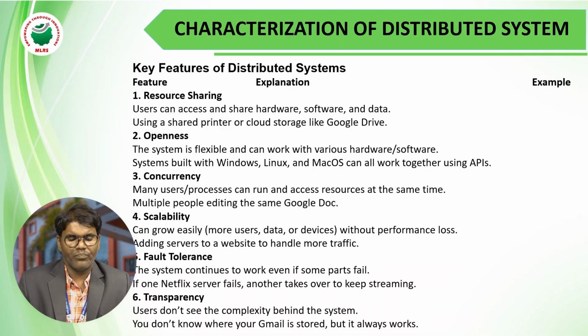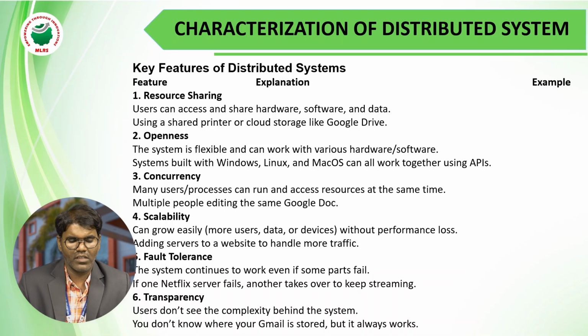And scalability: the system can grow easily without performance loss. Example, adding servers to a website to handle more traffic. With one server we cannot run easily, so by adding many servers we can handle more traffic. That is the example of scalability.